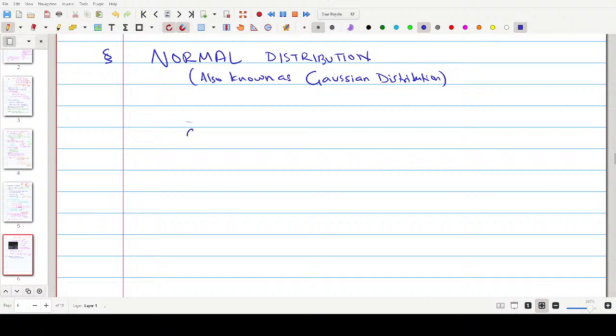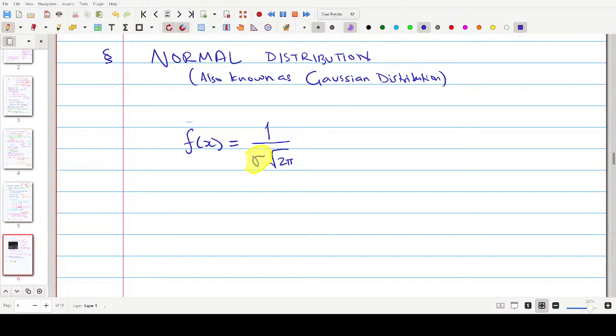So the density function goes as follows: f of x equals, again there is a fraction in front, 1 divided by sigma square root of 2 pi. This sigma is the standard deviation, so sigma square is the variance.